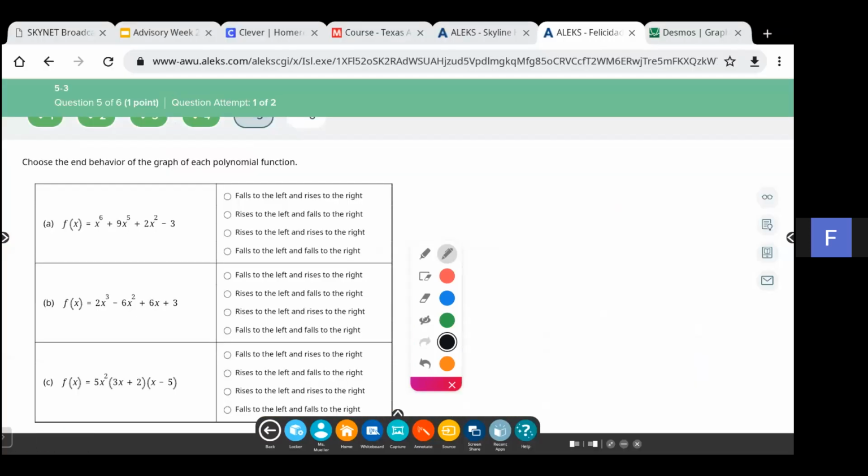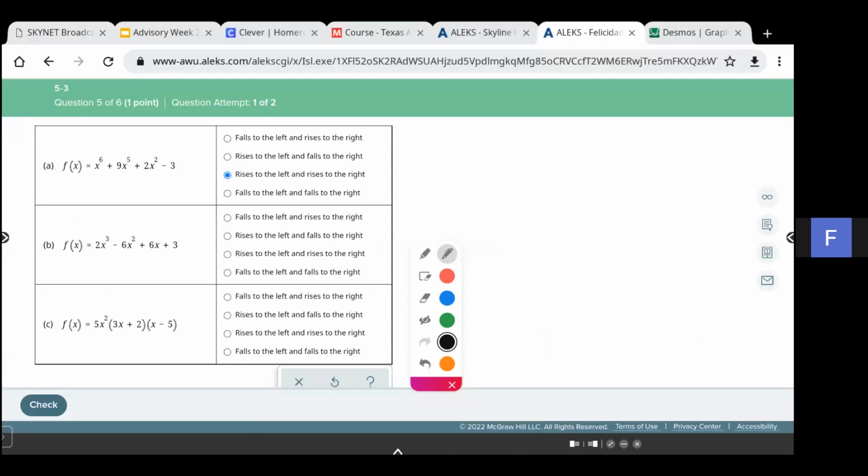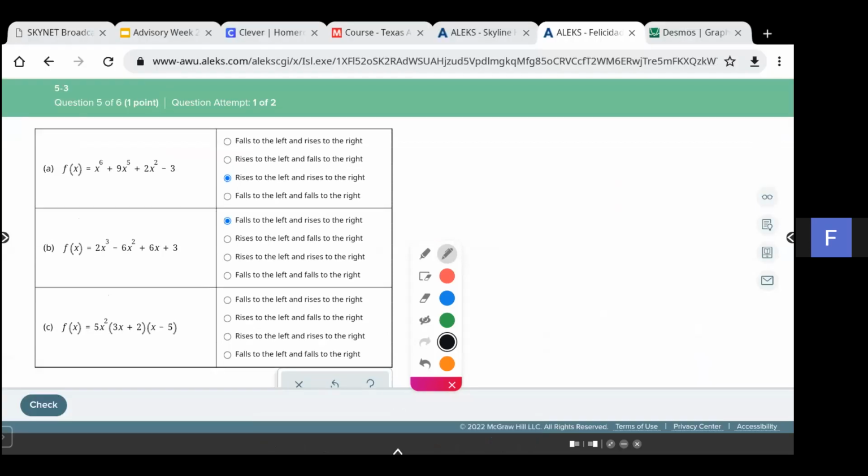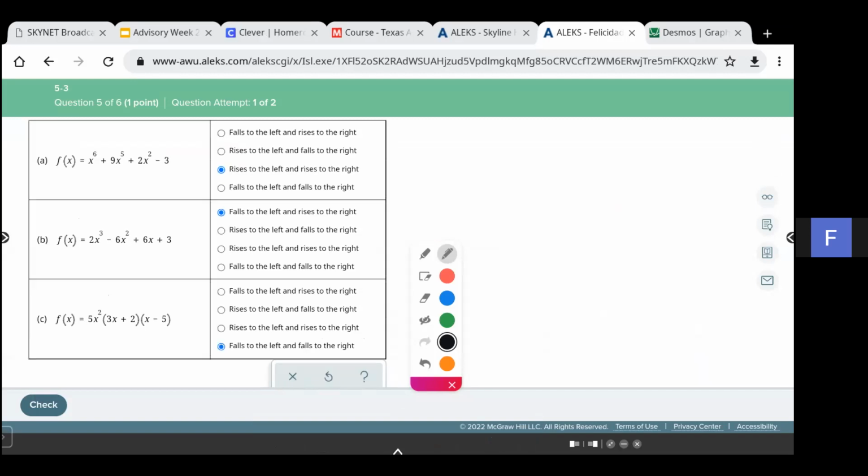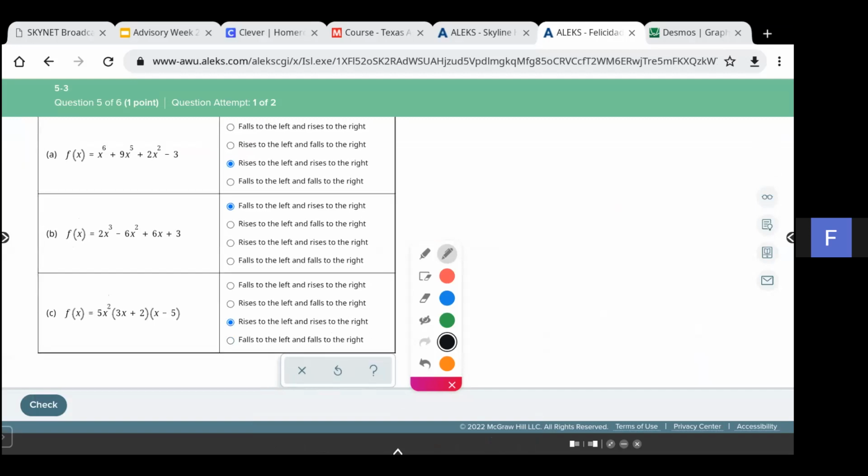So I'm going to pick this one here. We said falls to the left, rises to the right. And we said rise and rise. This is false. And again, we did sketch out what they would look like. Again, I only sketched out what the ends look like, not what the middle part looks like. So go ahead, hide that and hit check.